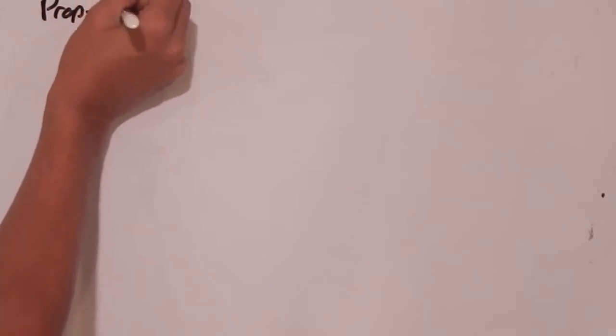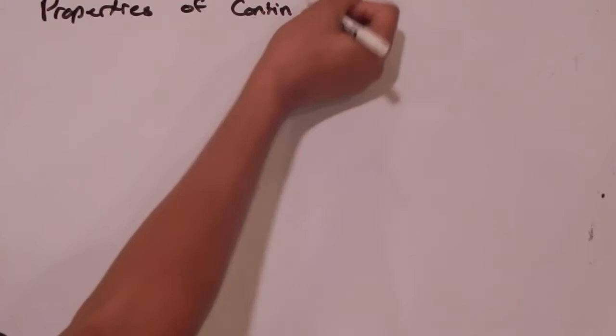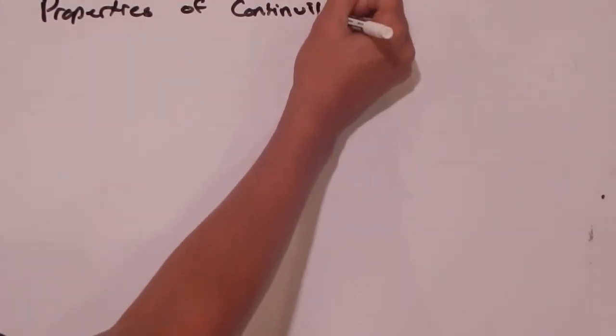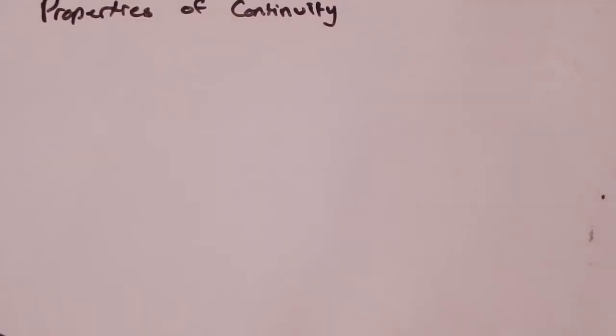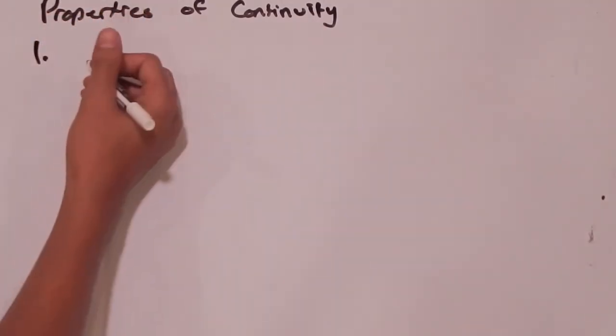What's up, guys? In this video we're going to try and prove some properties of continuity. And since we've already proved a lot of properties about limits, this should be pretty easy. Here are the properties. The first is the scalar multiple property.